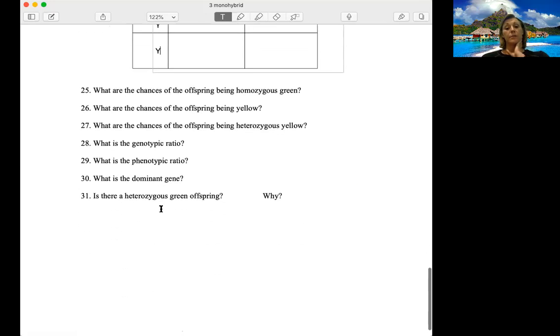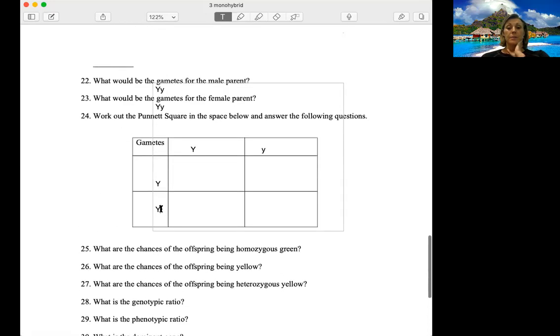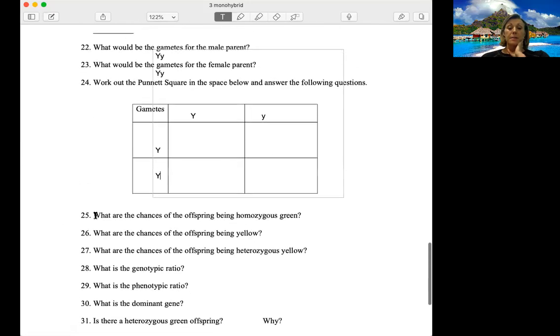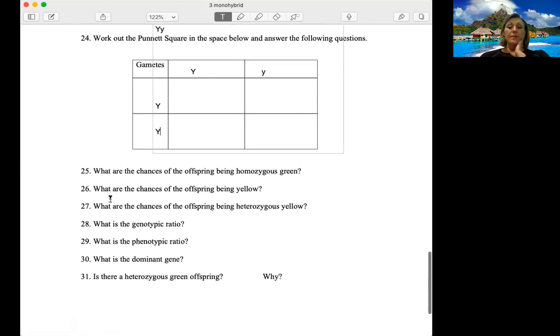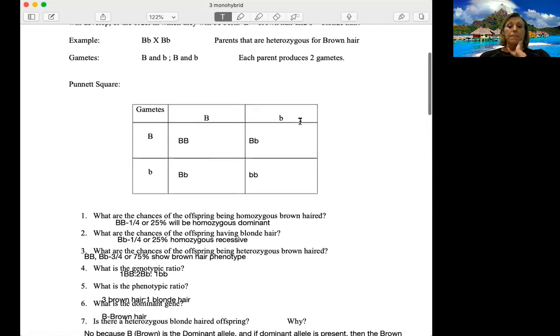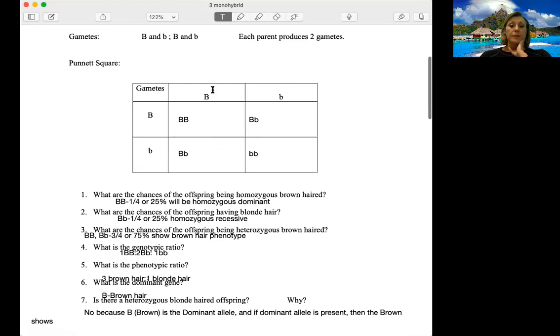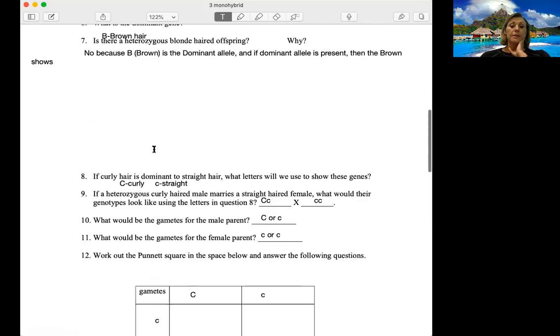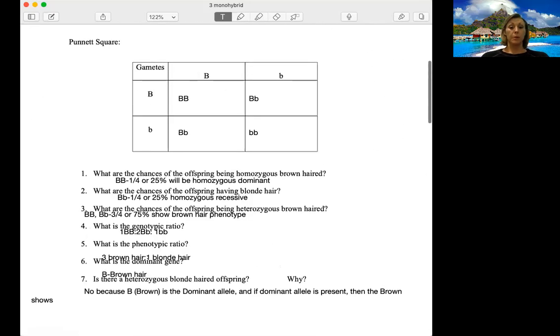And then again, you're going to work out the genotype and phenotype. And number 31 is exactly the same as the other ones. This one's very similar to question number 1. This is supposed to be little y, by the way. You have heterozygote, heterozygote. So anyway, work those out, turn them in, and if you have any questions, email me.